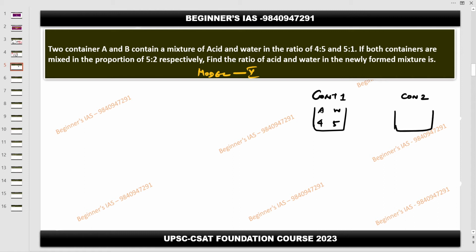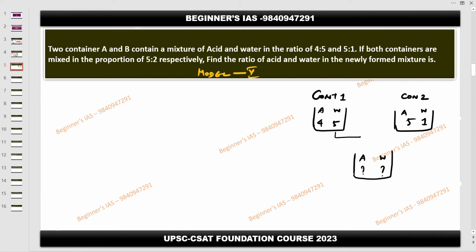In container 2 you have acid and water in the ratio 5:1. If both the containers are mixed in the proportion, find the ratio of the acid and water in the newly formed mixture. That is the question.